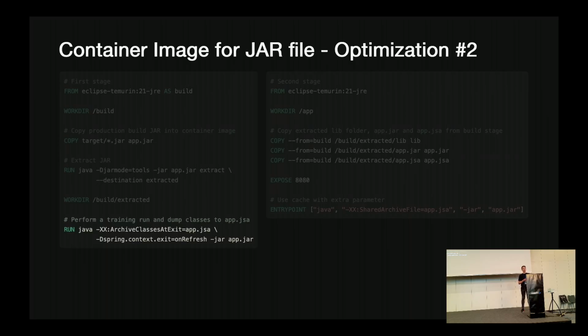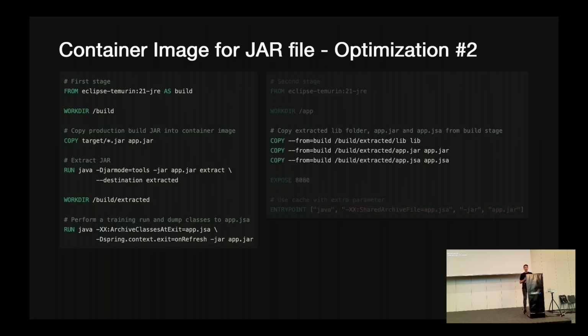And this file contains a dump of the internal representation of all the classes that were loaded when our Hilla app was started. And this file, this app.jsa file, can be used like a cache for subsequent starts of the same Hilla app. And therefore, we can copy this file into the final container image, and then we can reference this file at the entry point of our Docker file using a special JVM flag.